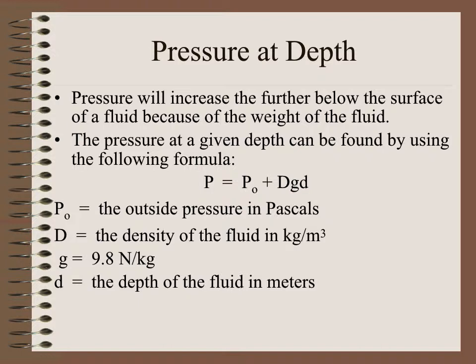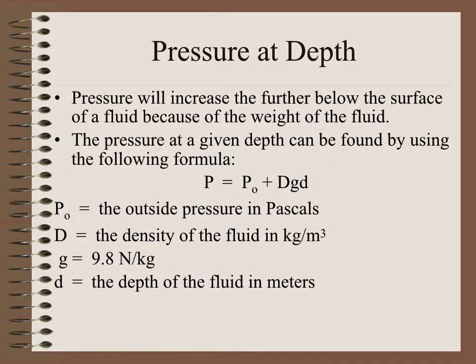You're going to want to put this on your formula card underneath mechanics because it does deal with pressure. You will want to label it pressure at a depth to differentiate it from the formula that you just have for pressure. One other thing to take note of is the plus in the middle of the equation. Many students make mistakes because they multiply everything on the right-hand side.